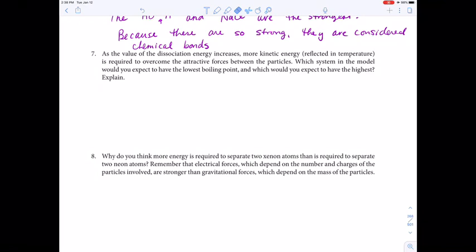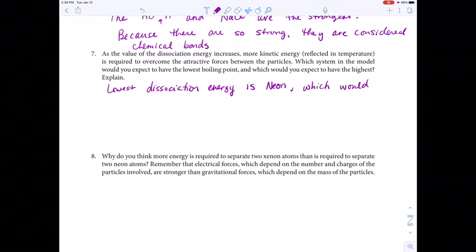Okay, so the answer would be the lowest dissociation energy is neon, which would mean it has the lowest boiling point.